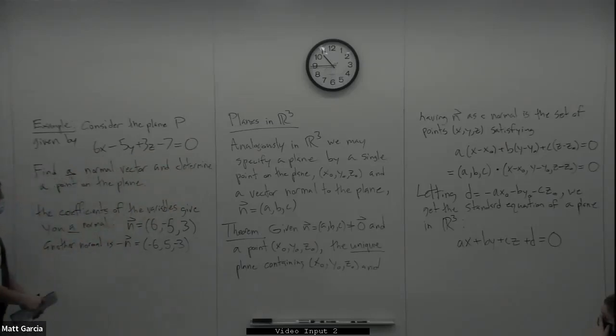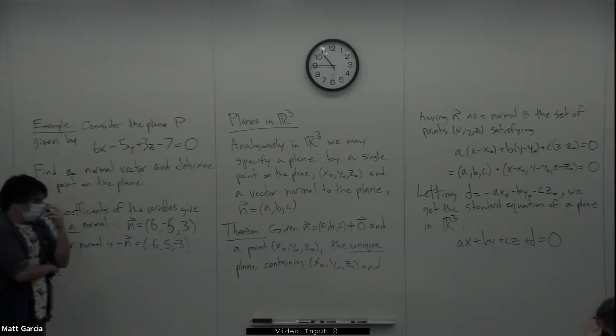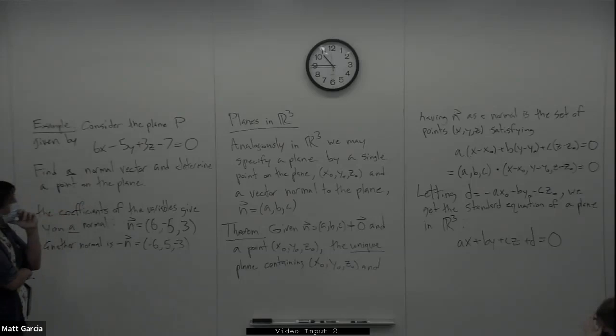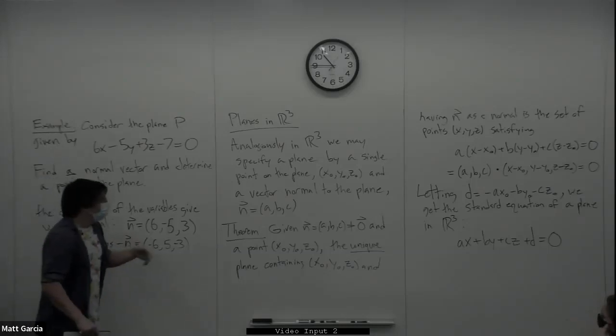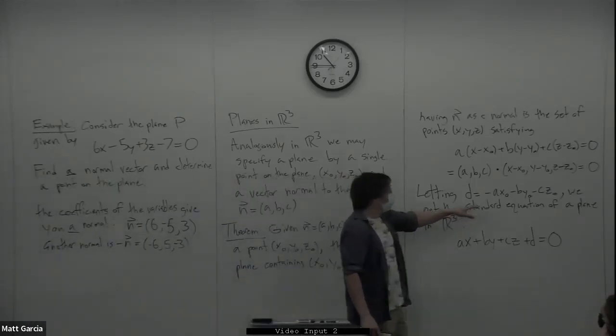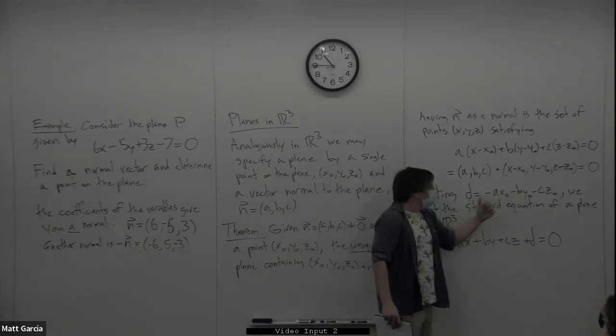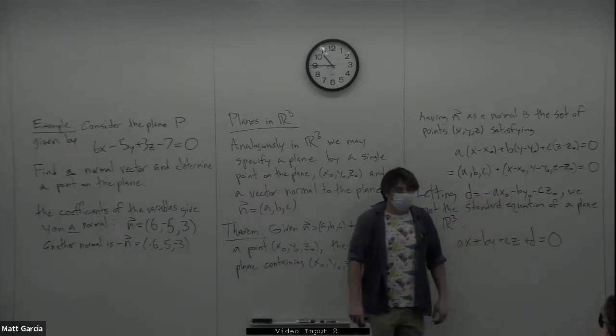Okay. Now, how about the second part of this question I asked? How can I determine a point that lies on the plane given by this equation? That is a very non-specific question. Now, in the theorem, I gave you some formula for what the constant term means in terms of the point that lies on the plane.